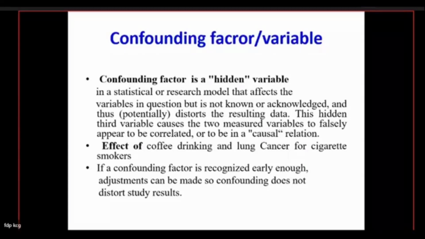As an example, take the effect of coffee drinking on lung cancer, where the same person is also smoking cigarettes. It is very difficult: you cannot say cigarette smoking is responsible for cancer, or coffee drinking is responsible for cancer, or that coffee and cigarette smoking may be interacting with each other, leading to more chances of lung cancer. When this type of situation arises, it is known as a confounding factor.